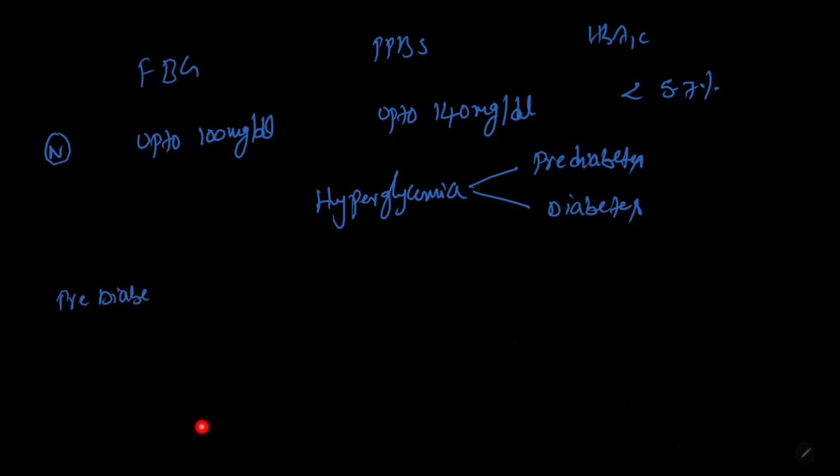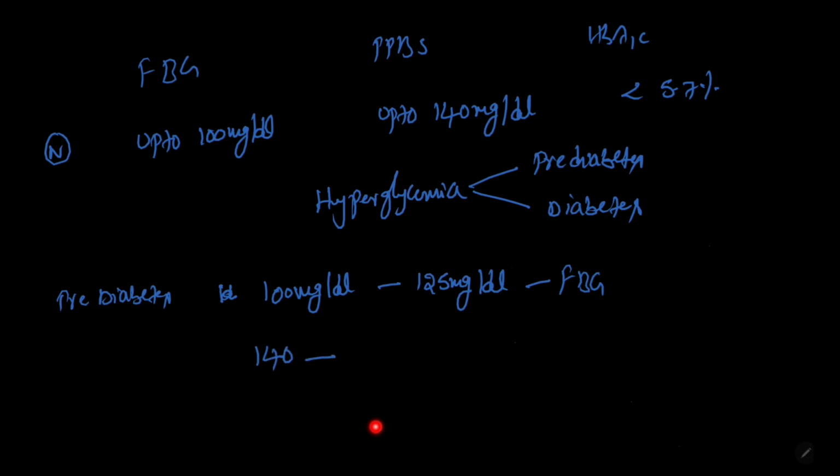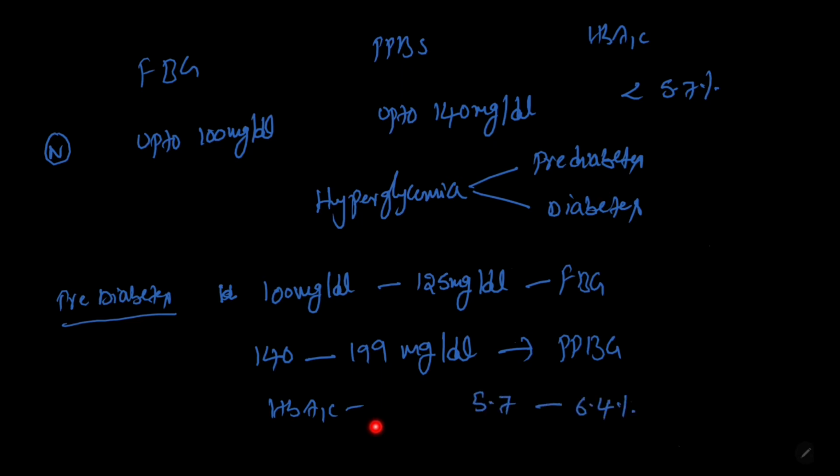In pre-diabetes, fasting is 100 to 125 mg per dl, whereas postprandial blood glucose values will be 140 to 199 mg per dl, and HbA1c values will be 5.7% to 6.4%.